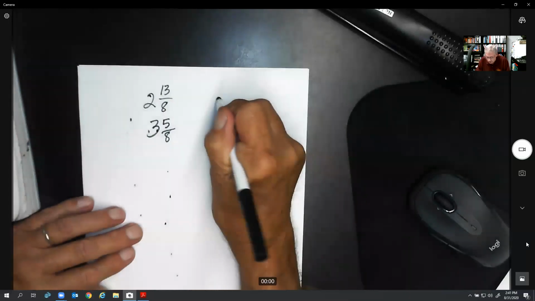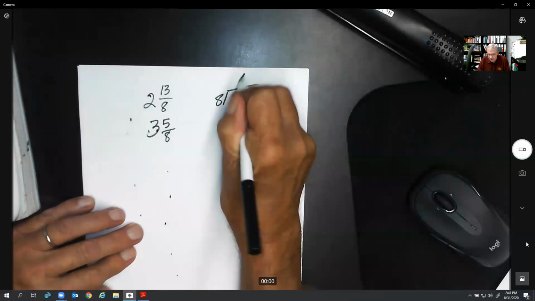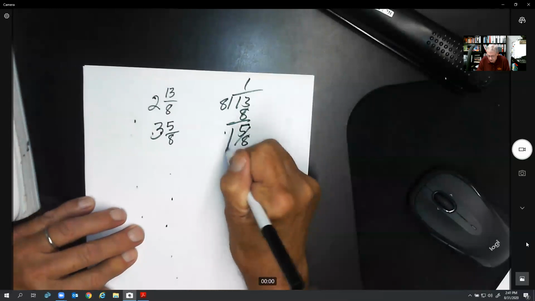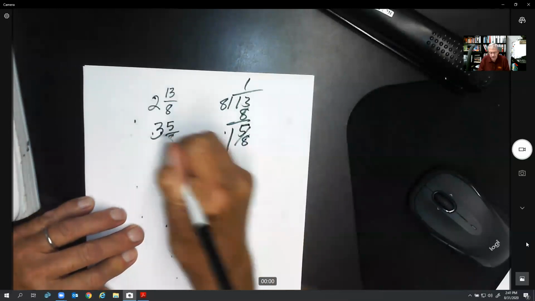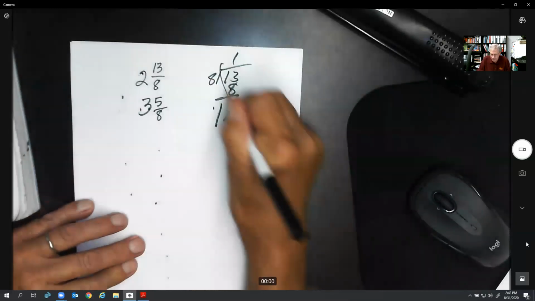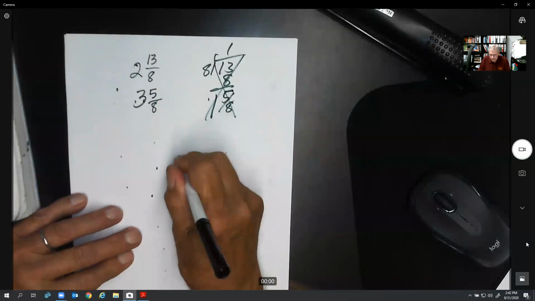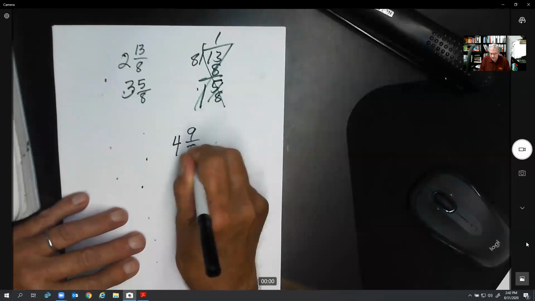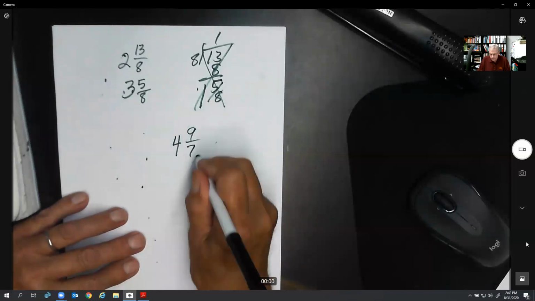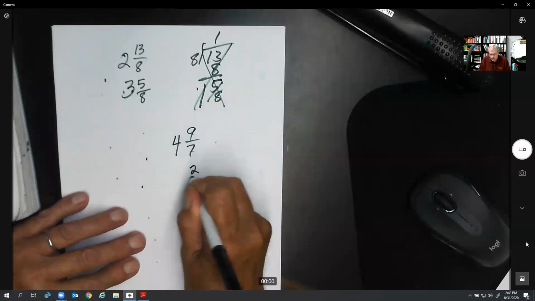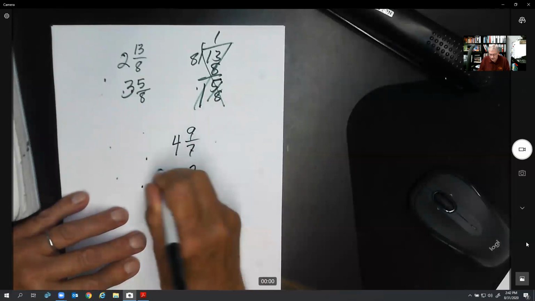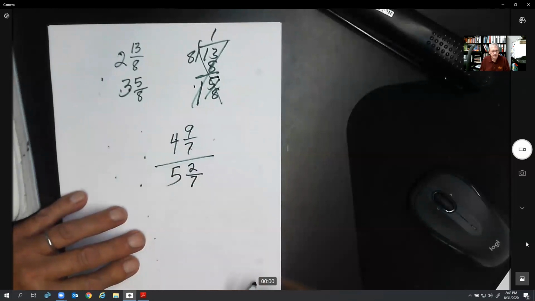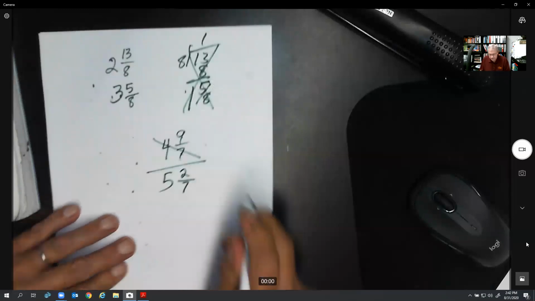A lot faster than going 8 into 13 is 1, and 5 left over, 5/8. 1 and 5/8 added to the 2. Okay. 4 and 9/7. 9 take away 7, 2. Still common denominator 7. Add 1 to the whole number. 5 and 2/7. See? Easy.